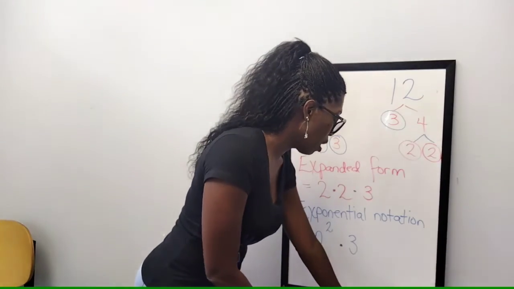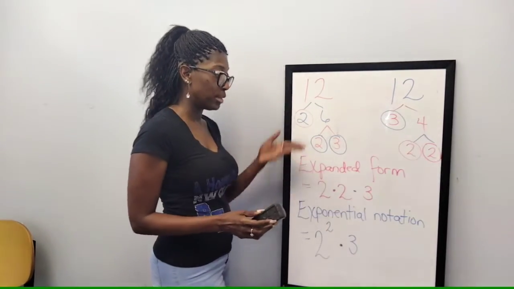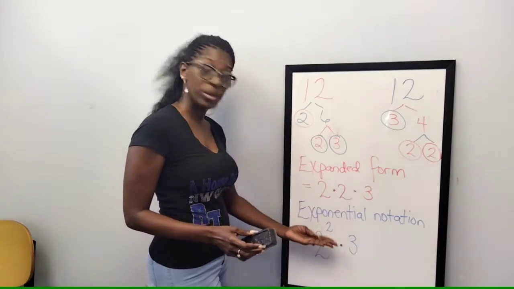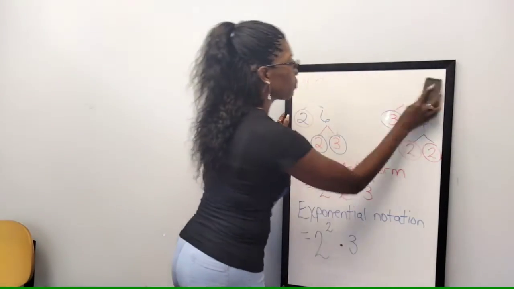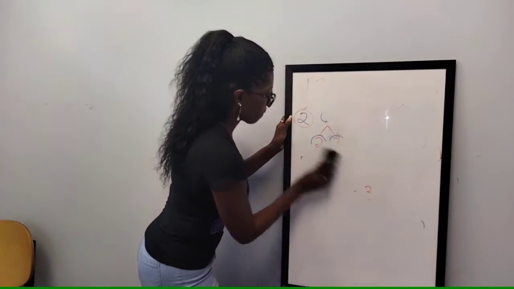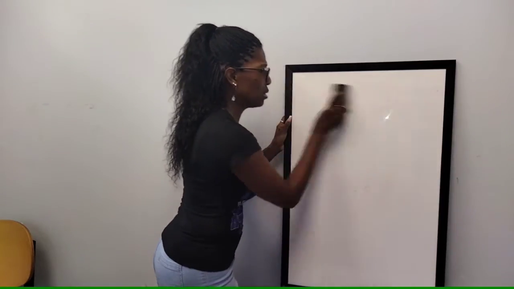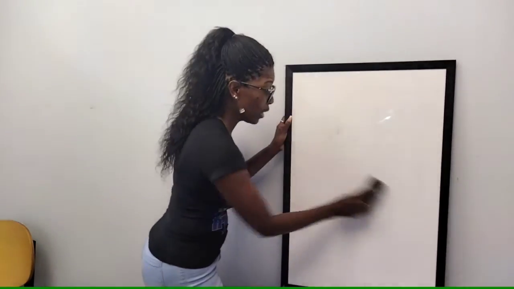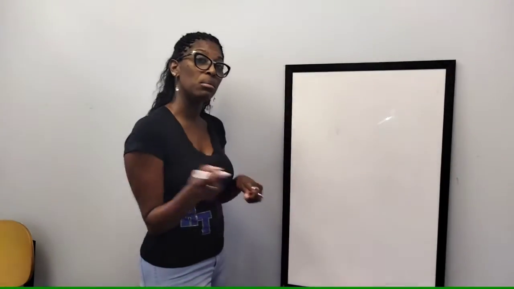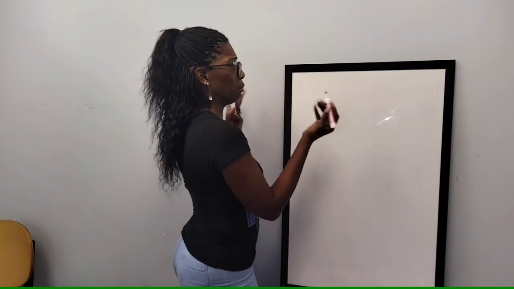I'm going to give you a couple things to jot down for your notes to always remember when dealing with prime factorization, when dealing with exponents. When you're dealing with exponents, the numbers 2 and 3 are special. There's no other exponents that have a special name like the 2 and the 3. We're just going to use random numbers.